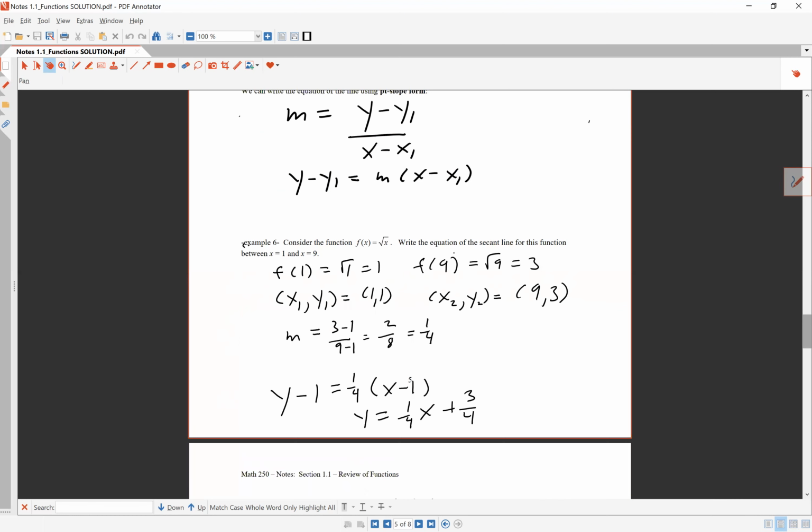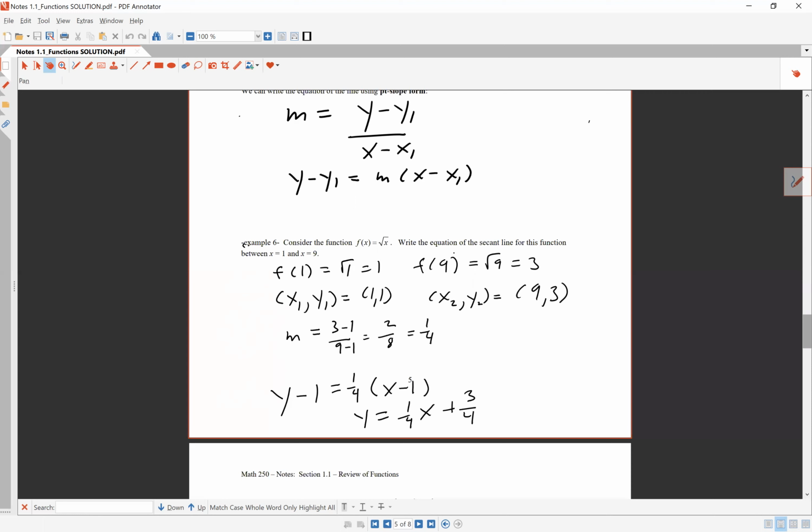Okay, so now let's say we have this function, square root of x, and we're going to draw a line that intersects the graph of the function at x equal to 1 and x equal to 9. The graph is the square root function.